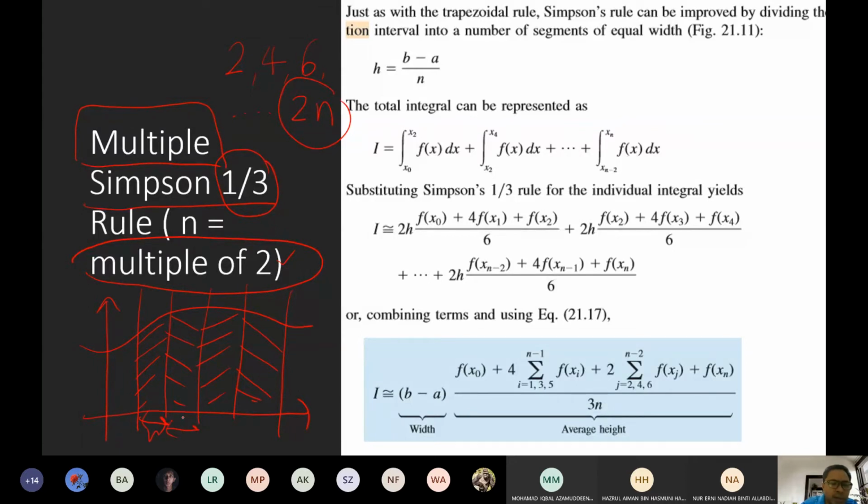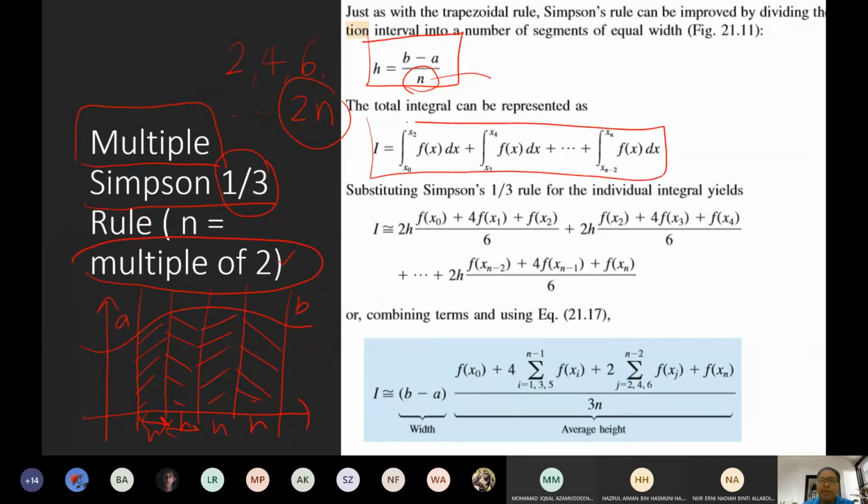This is h, this is h, this is also h, and h is defined by deducting your upper limit, which is your b here, and your lower limit, which is a there, divided by the number of intervals. Your interval must be in the multiple of 2. So by using this equation and simplifying that expression, you can use this formula to compute the multiple Simpson 1/3 rule.